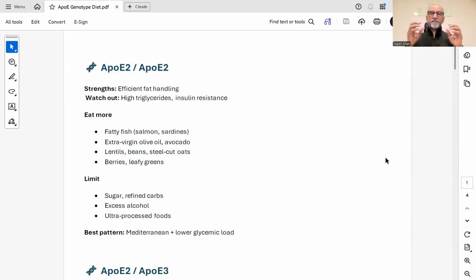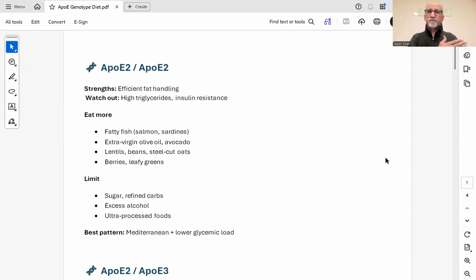When I found that metabolization of fats is affected by the ApoE genotype, I started looking into the literature to see what types of ApoE genotypes digest fat very well without spiking their LDL and other issues.